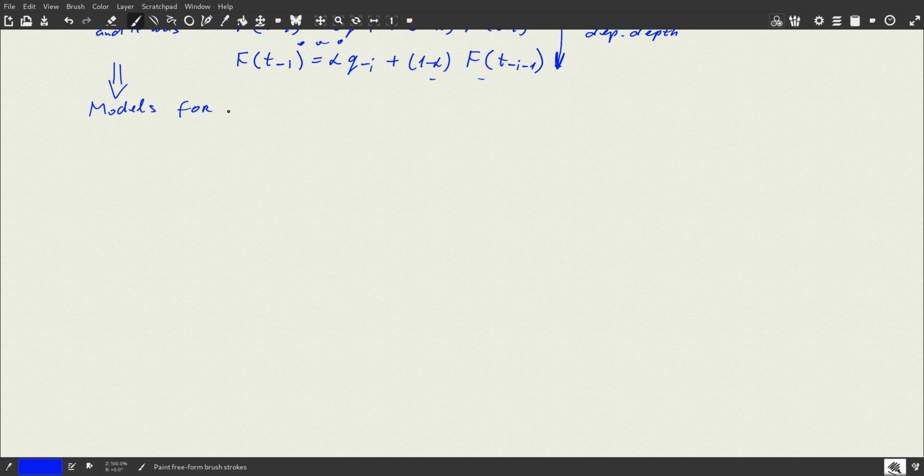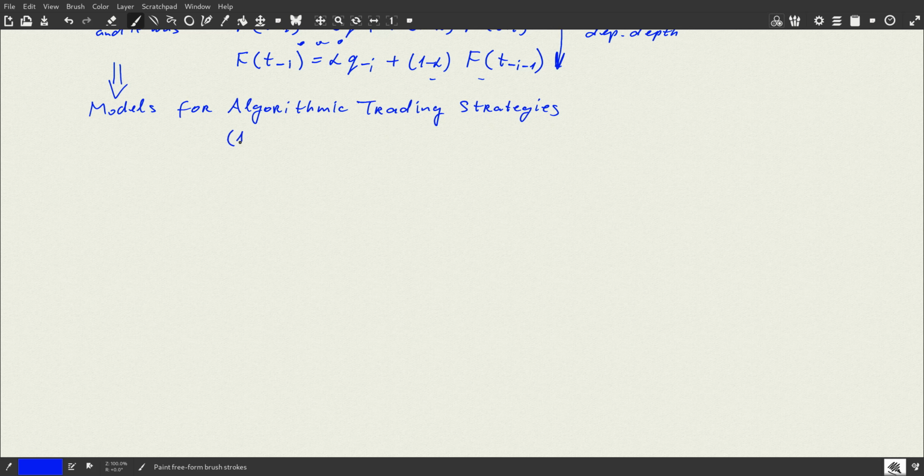Let's see. There are two major classes of, first of all, strategies and then the corresponding models, because they would depend on those strategies which you could implement in this case.